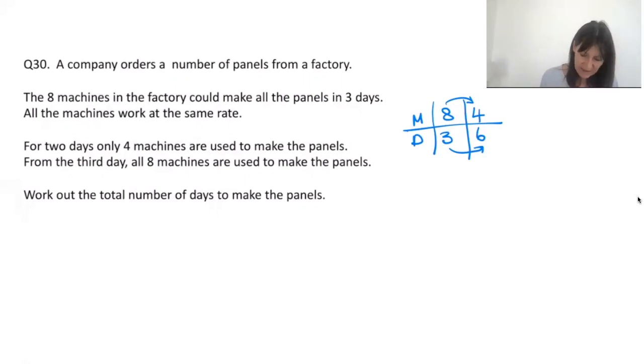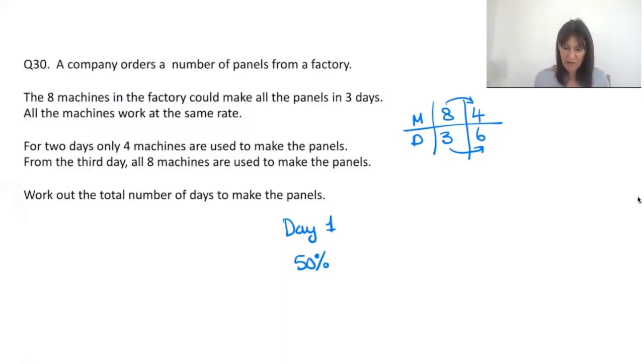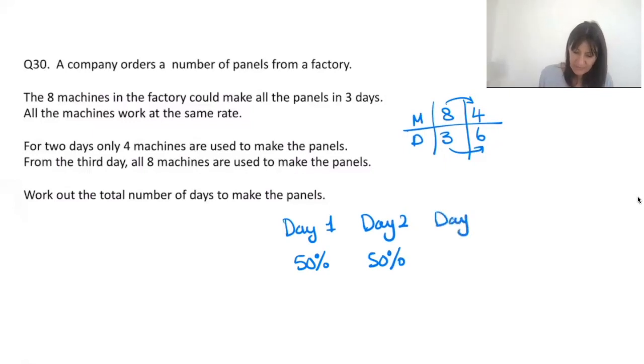So you could be thinking that in day 1, if only 4 machines were being used, then only 50% was made that day. So I've still got 50% that I need to make up. Day 2, again, because there were only 4 machines, only 50% was actually made. From day 3, all 8 machines are working again, which means 100% has been made.